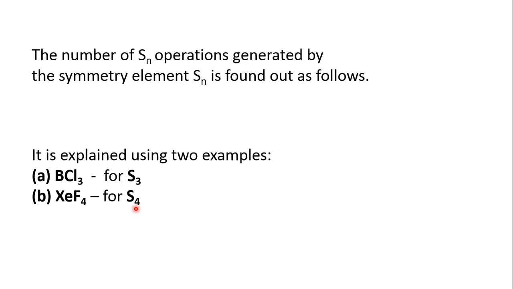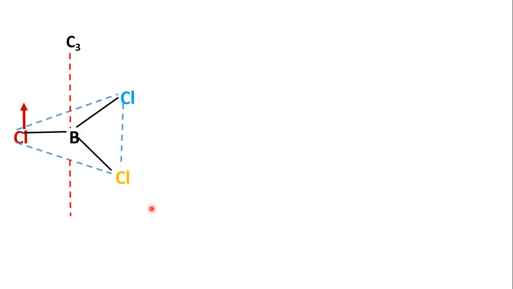That is, instead of Sn we have S4, that is n is even. So BCl3 is an example for n is odd, and XeF4 is an example for the case when n is even. First we will take the case of BCl3.